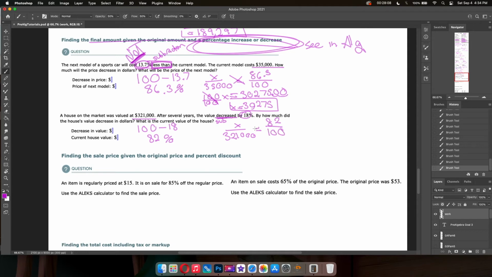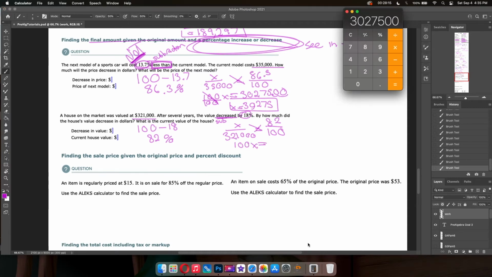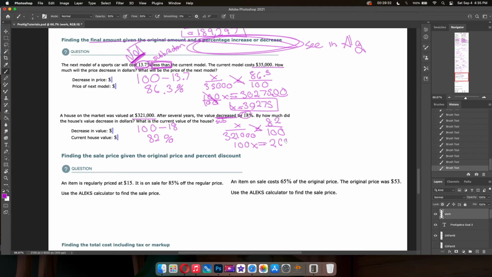So new verse, same as the first: cross multiply. So it's 100x equals whatever that is. So 82 times 321, enter. That is, what is that? 26,322,000.